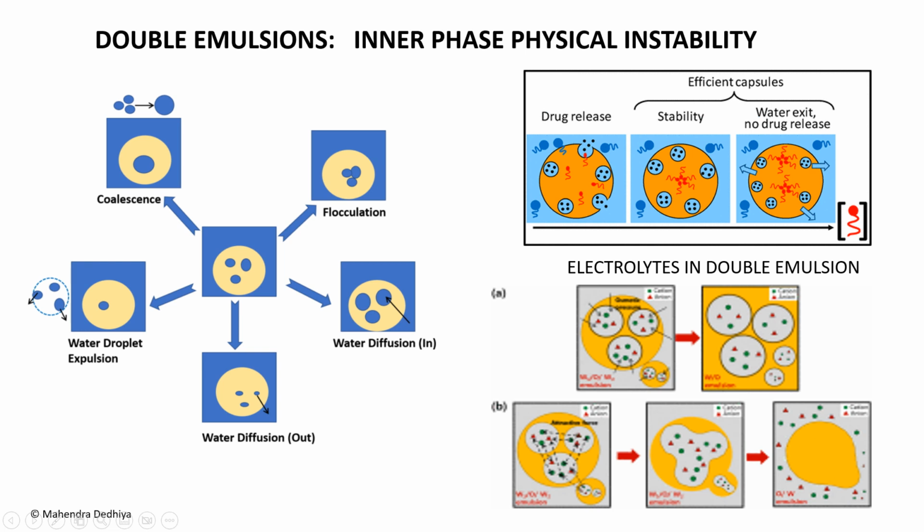Electrolytes start migrating and creating a large inner globule, which eventually breaks apart. These issues are very challenging and require careful study of emulsifiers, particle or globule size, and stability of the inner emulsion.